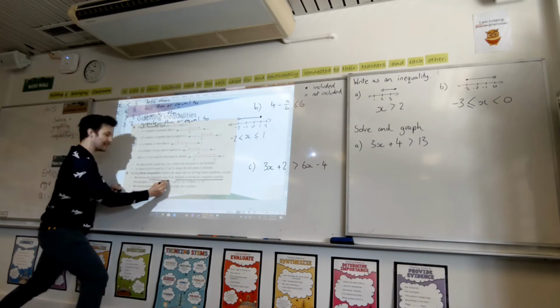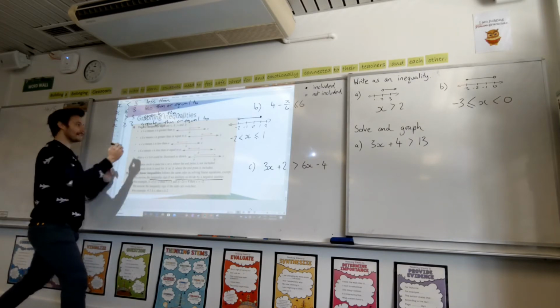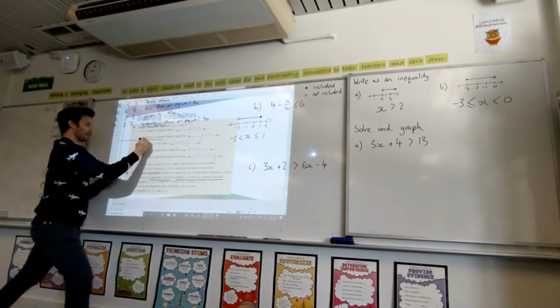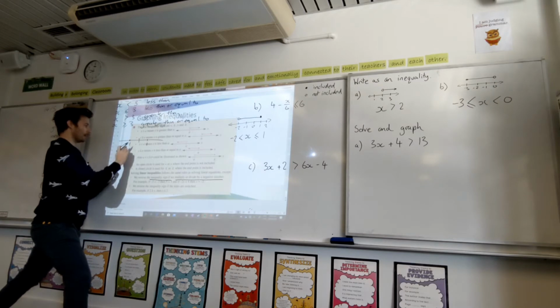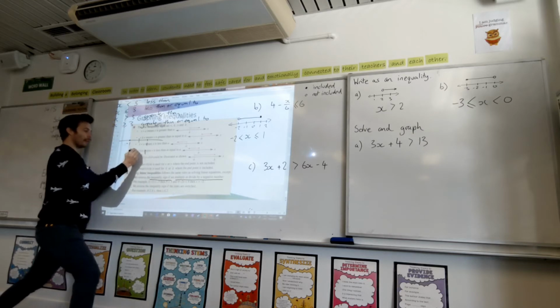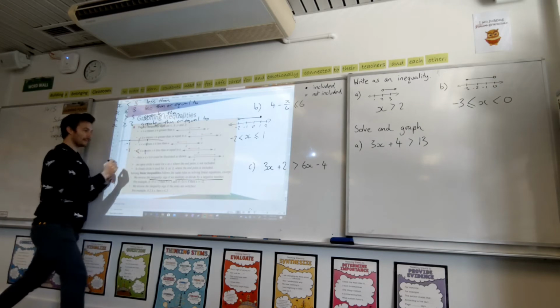The reason for that is, let's say we had a number line here. I'll just sketch this super fast. If we had 1 and -1, at the moment, we know that 1 is greater than -1.